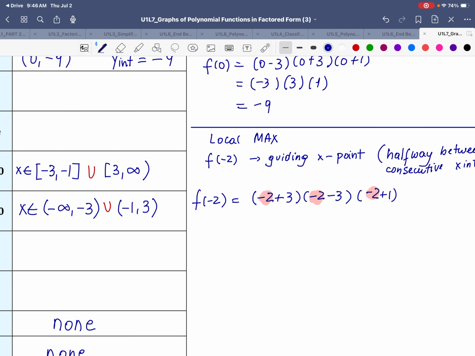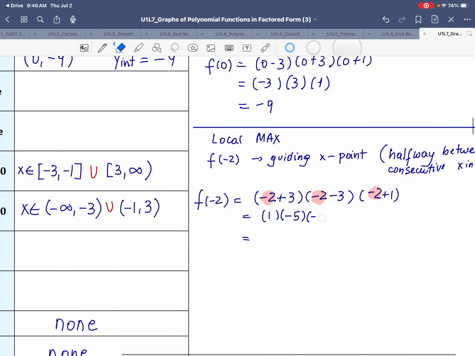So that will give 1 times -5, and then times -2, and that will be equal to, sorry, my bad here. So -1, and that will give a 5.